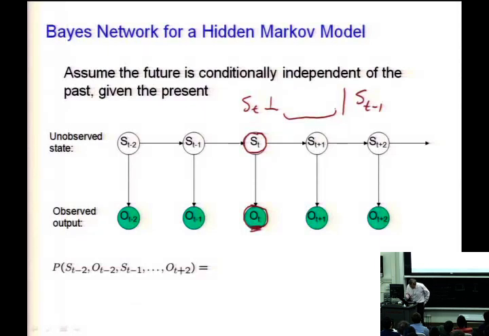Its non-descendants include ST minus 2, and also O sub t minus 1 and O sub t minus 2. Did I make a mistake? Yeah, your first one's except t minus 1. Oh, thank you. I did make a mistake.